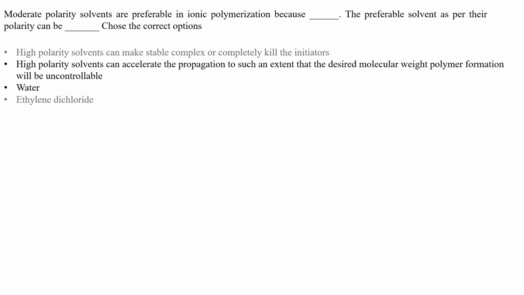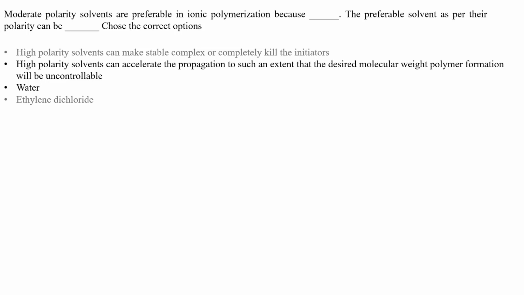The first statement is that high polarity solvents can make a stable complex or completely kill the initiators. Second is that high polarity solvents can accelerate the propagation to such an extent that the desired molecular weight polymer formation will be uncontrollable. Among these two statements, the first one, that high polarity solvents can make a stable complex or completely kill the reaction, is the correct one.